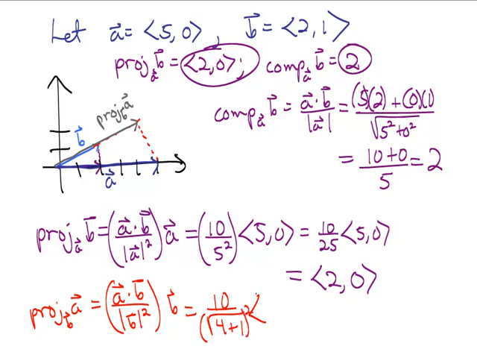The direction of B is 2 comma 1. So I've got 10 over the square root of 5 squared, which is just 5. 10 over 5 is 2. 2 times 2 is 4. 2 times 1 is 2. So it's 4 comma 2, and that's exactly what we get. We go out 4 and up 2, and there you can see that's the projection of A onto B.